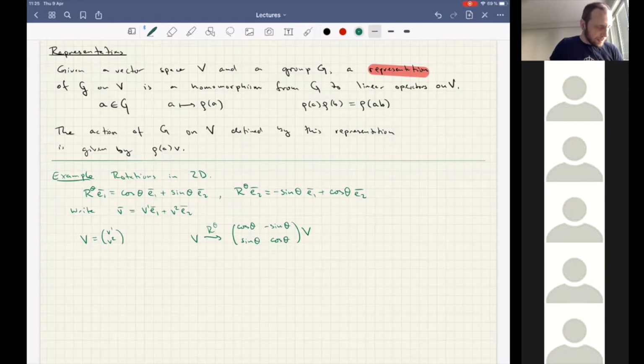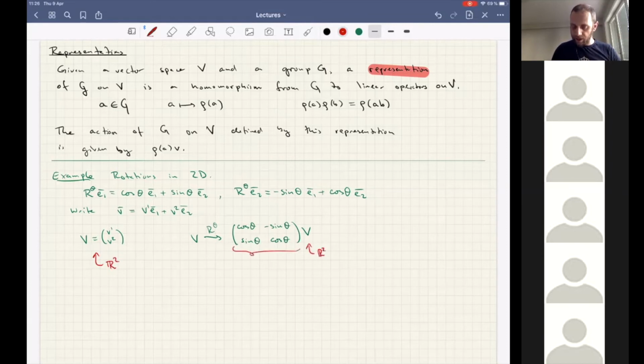And we see here, first of all, that what we have is a two-dimensional vector space V. All the vectors are in a two-dimensional vector space, so this is R2, and this vector is also in R2.